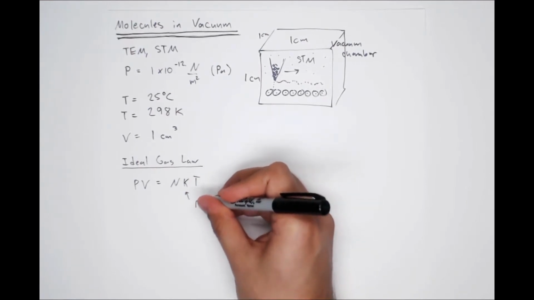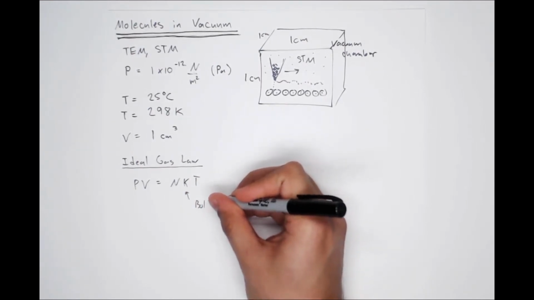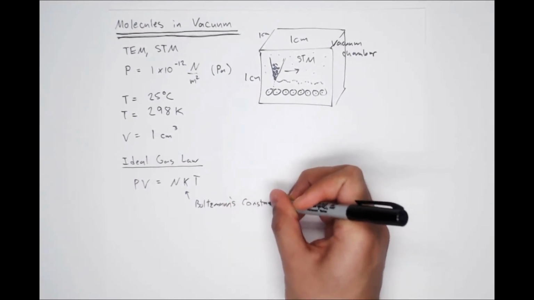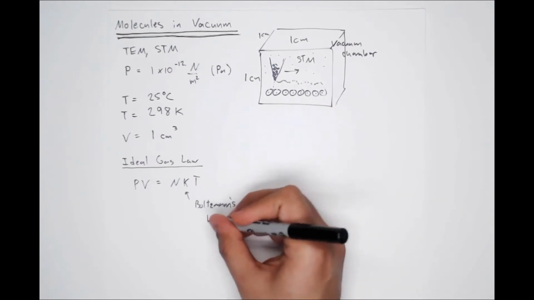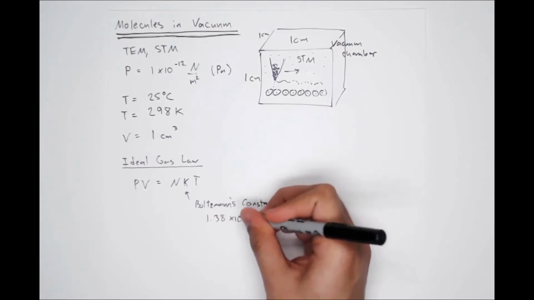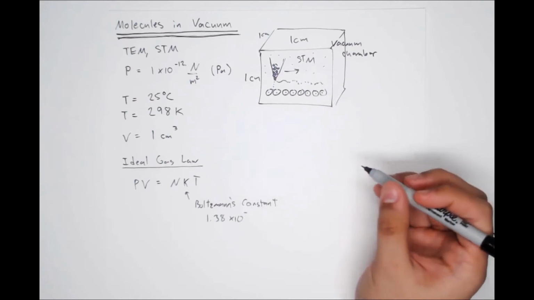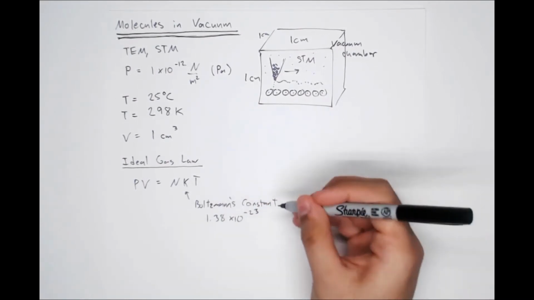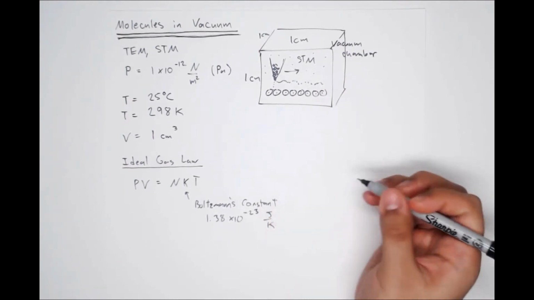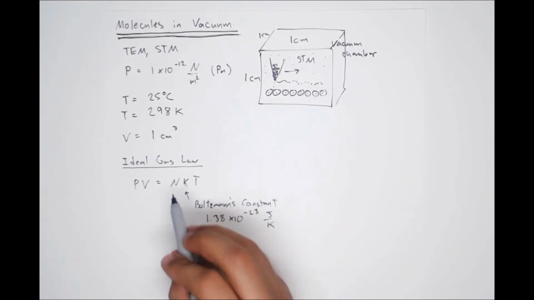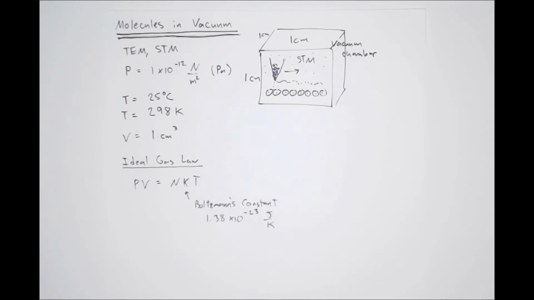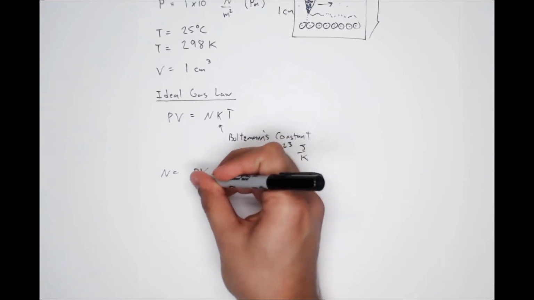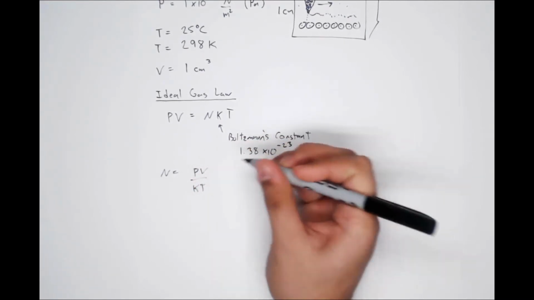This k is Boltzmann's constant, which has a value of 1.38 × 10^-23, and the units there are going to be joules per Kelvin. And this N is the actual number of molecules that will be in such a system. So we basically want to solve for N. We're going to have N equal to PV divided by kT.